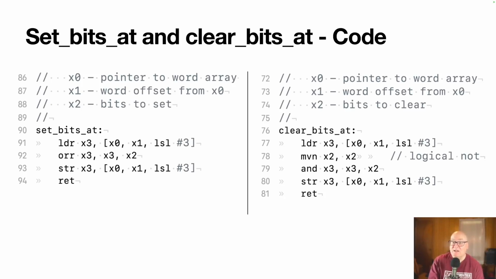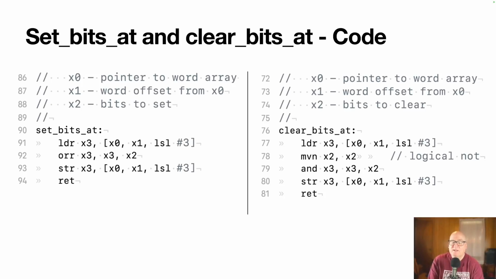The first line, LDR X3, same logic, X0 plus X1 times 8. We don't have a direct clear command that I know of in assembly language on ARM64. So we do a logical not. We take our bit that was a 1, turn it into a 0, turn all the zeros into 1s. So we can do an AND, because AND and OR are complements for this.